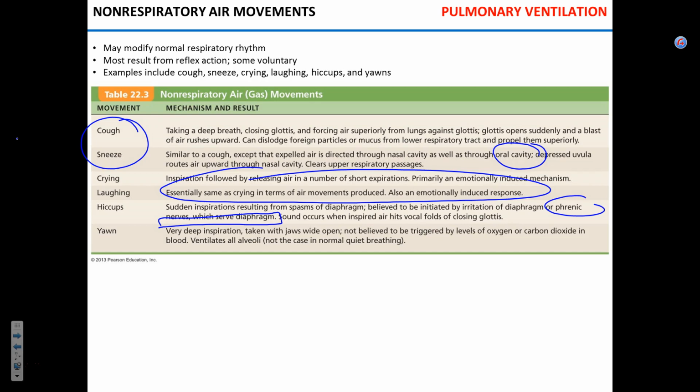It's an inspiration which has a very deep ventilation effect. So basically all alveoli are ventilated. Again, you'll be matching the description with the air movement.